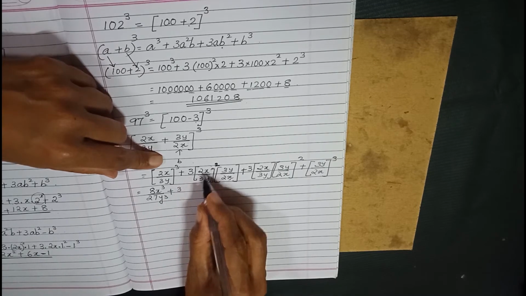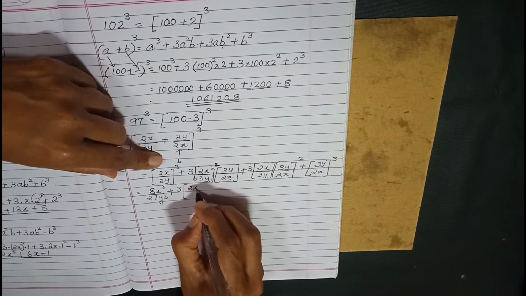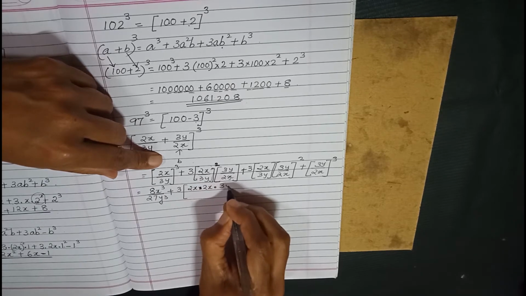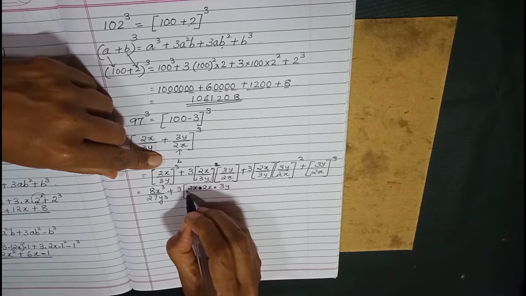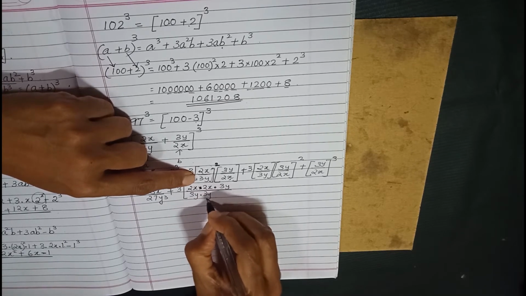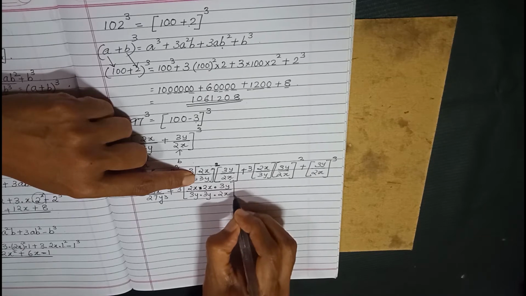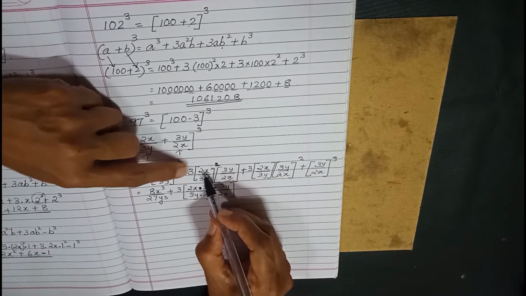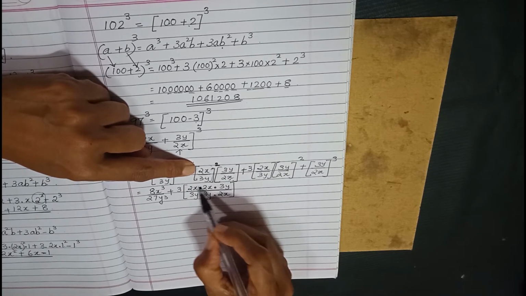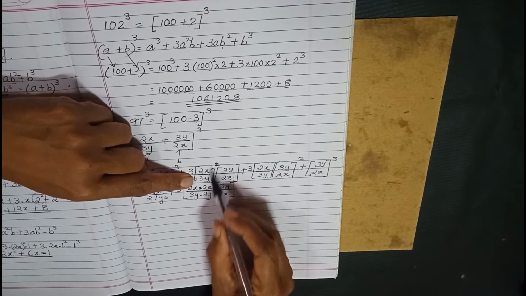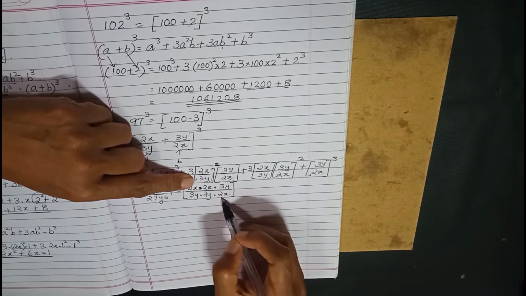So this can be written as 2x multiplied by 2x multiplied by 3y. This 3y also I have taken here. Then upon 3y into 3y multiplied by 2x. You can see these two brackets I have made into one bracket, raised to 2, meaning 2x has to be written twice, which I have written, and this 3y I have written here. Now this 3y square, so 3y to be written twice, and this 2x.